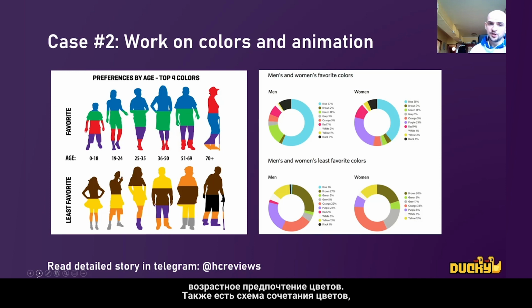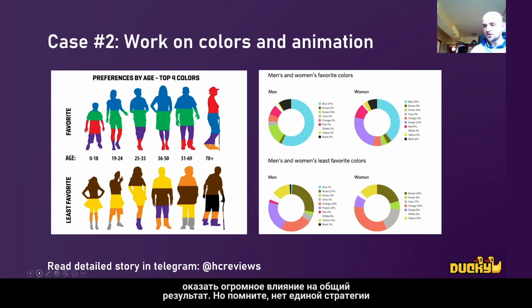The other one would be age preference for color. There's also a diagram about combining colors, which is also quite useful. Don't hesitate to use these when you are working on a game and on CPI prototypes. They are very useful and they can have a huge impact on the overall result.